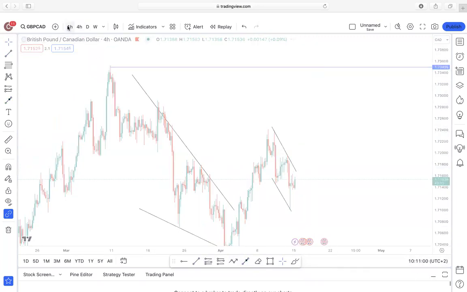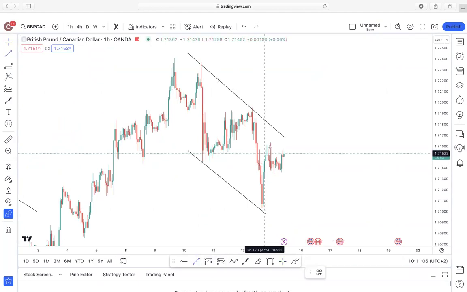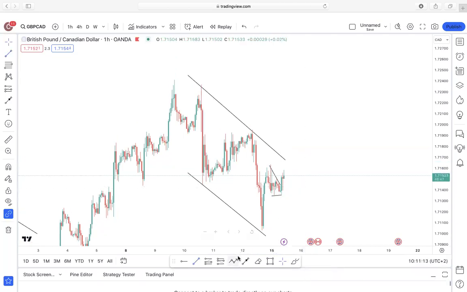And now coming into our lower time frame. On the lower time frame, we already had this first continuation structure that we could have used to enter.